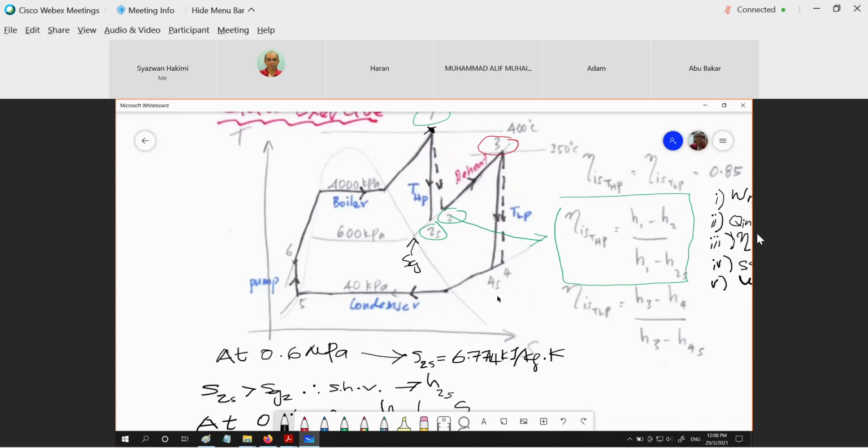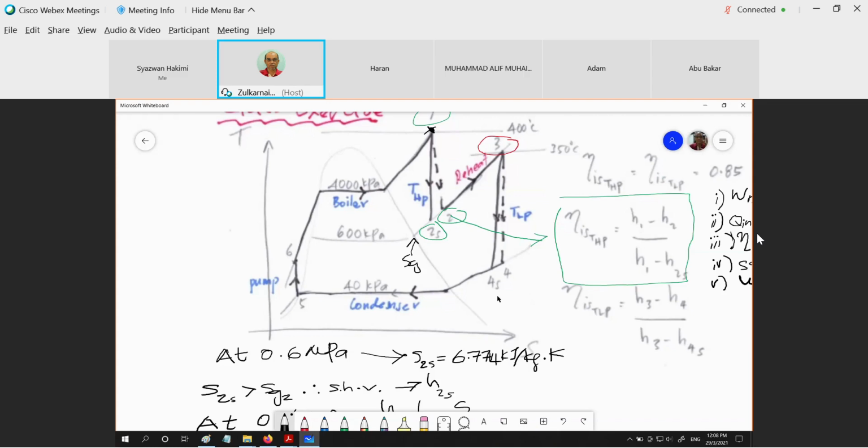Where to look for H4S? Yes, that's right, we are going to have H4S. My question is, can we get H4S without knowing the state of 4S? Because if 4S is in the mixture region, to get H4S we are using a different approach.